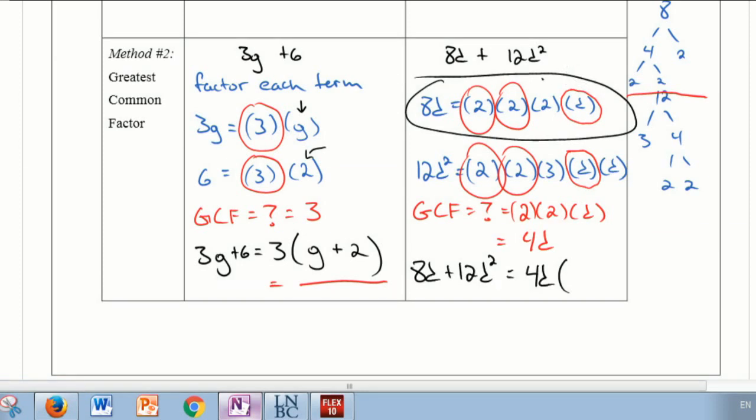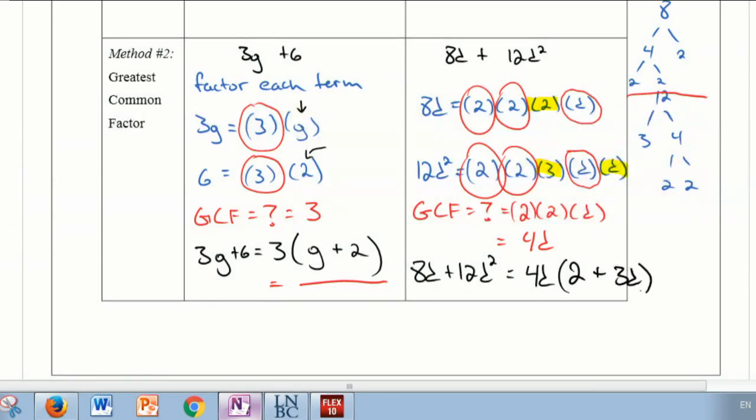If I look at what was left, I see that I have this little 2 left. I didn't use the 2. So I'm going to rewrite the 2 down below in the first term. And then I had my second term. What didn't I use in my second term? I had this 3, and I have this d. So I'm going to write those down below as well. 3d.